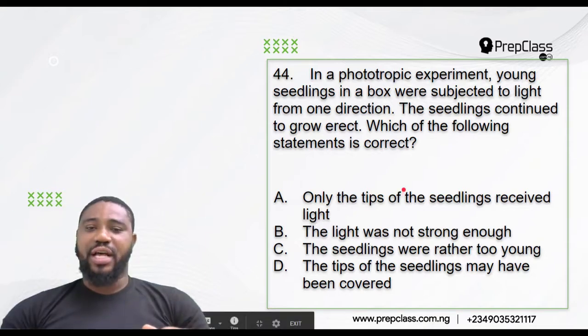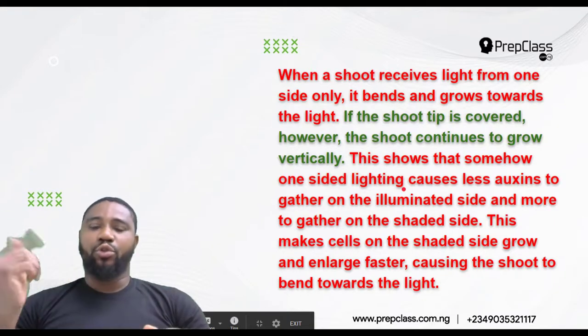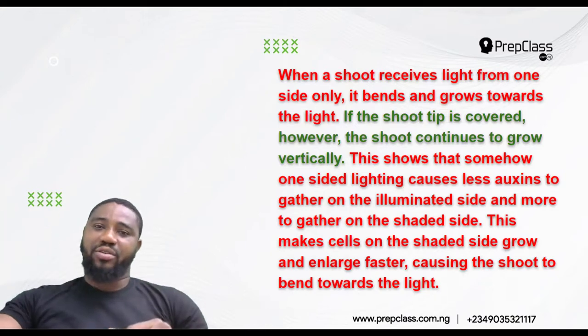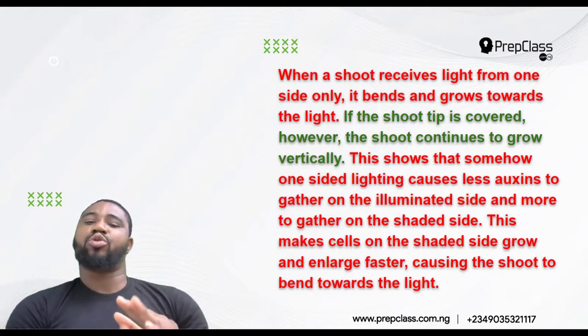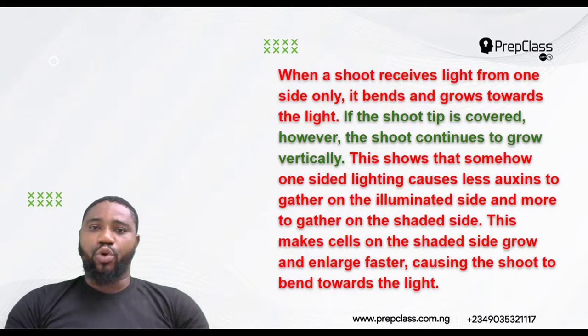Now what you must notice is that if you place a seedling, I would have shown you a picture of that. We call it phototropism. If you place a potted plant in a box and open only one side for light to enter, the plant will grow towards that opening where light is coming from. We call it positive phototropism.